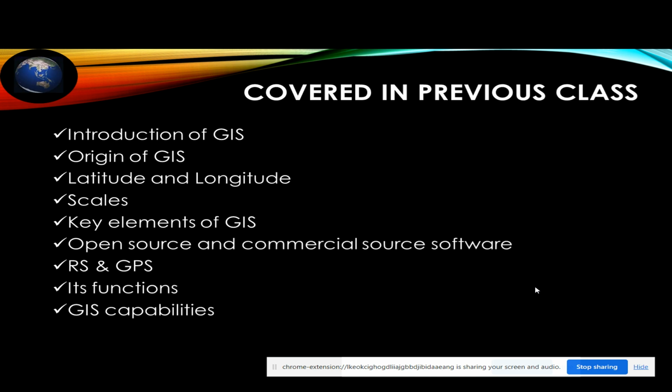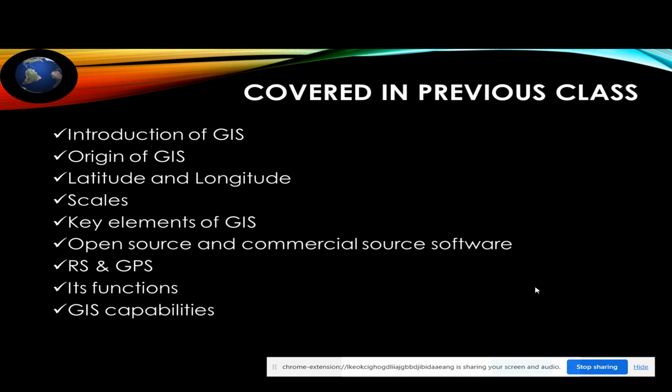All these things I covered in the last class, along with the large scale and small scale, and the key elements in GIS. And the open source and commercial software I also told about in previous lectures.